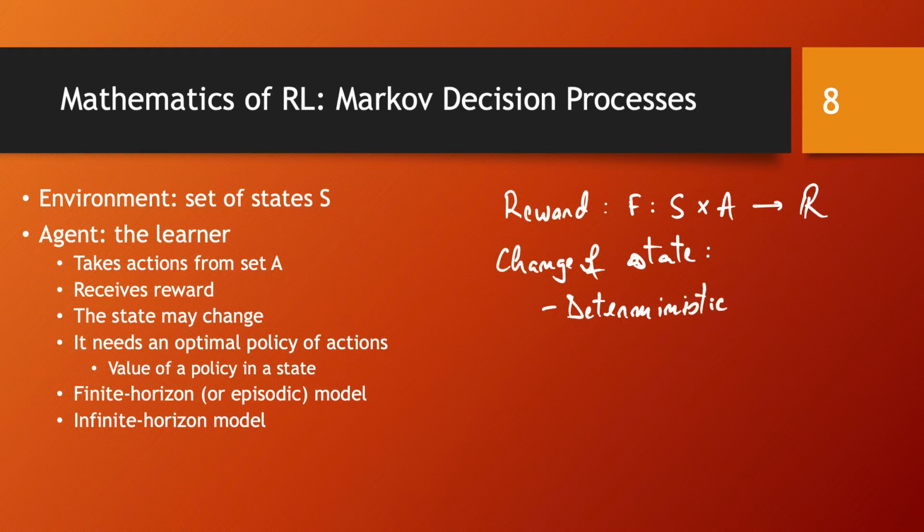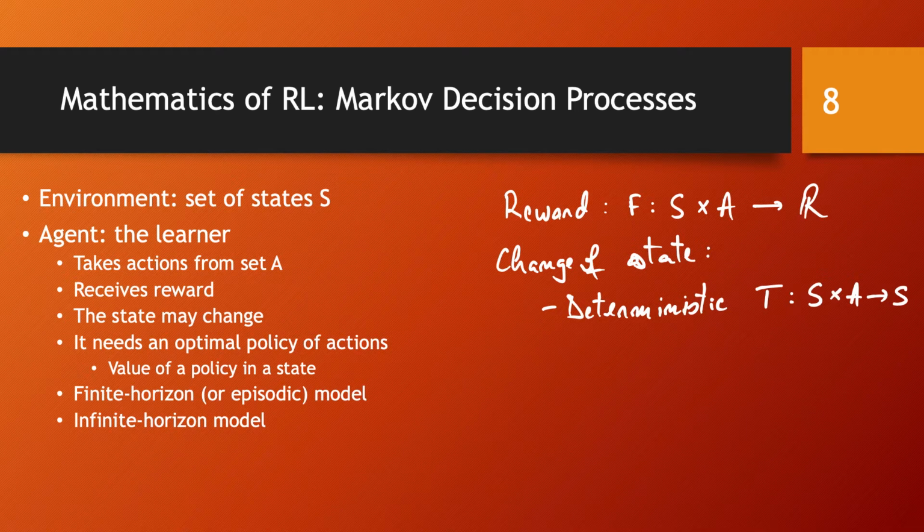The new state is going to be a function t that is defined on S times A, and it takes value in S. So what this means is that being in state S and taking an action A is going to result in a new state that's given by this function t. And of course, the new state could coincide with the current state. So in practice, this would be staying in the same state. But in general, we have this function that gives us the state after taking action A in state S.